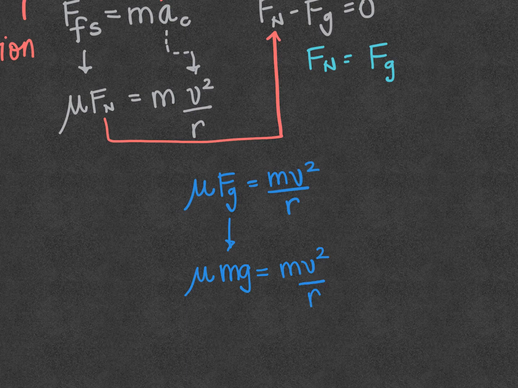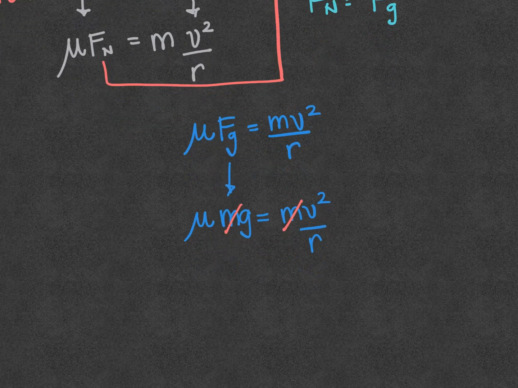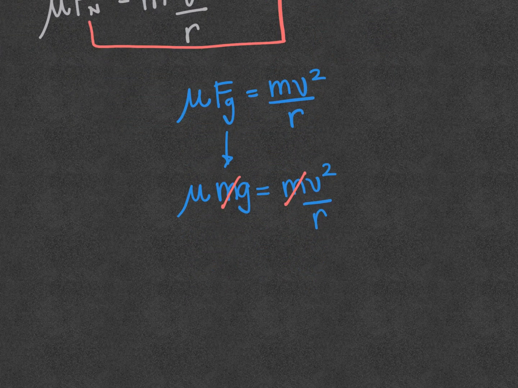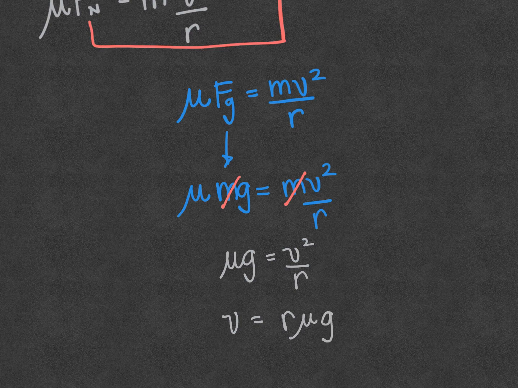Now you can probably see that I could divide by m on both sides, and when I do, I get an equation that looks like mu g is equal to v squared over r. I can solve for v, and v would be equal to r mu g all under the square root.